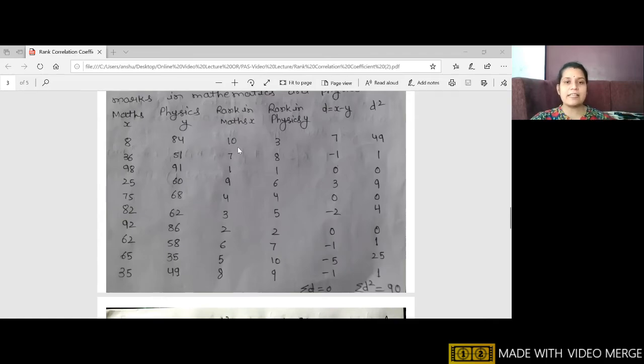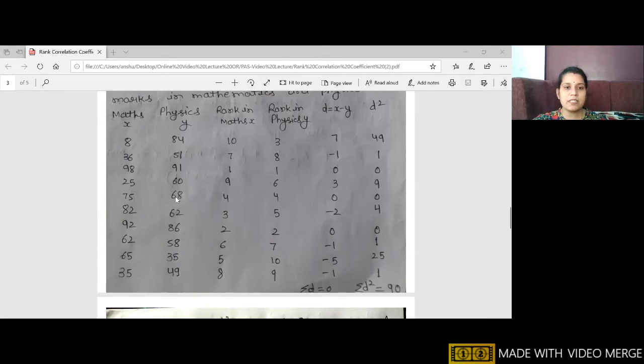So these are the 10 students and the marks they secured in the two subjects, mathematics and physics. Okay, according to this process, rank in physics. Okay, so the highest marks is 91. So we put here rank 1. After 91, the second is 86, the second highest. So rank is 2. The third is 84. So we put third rank.